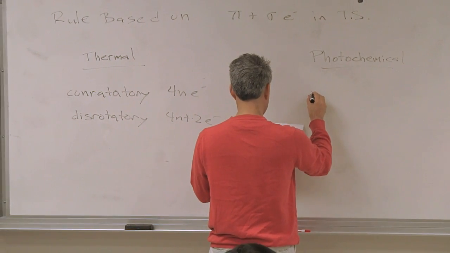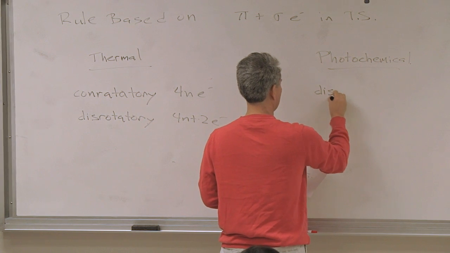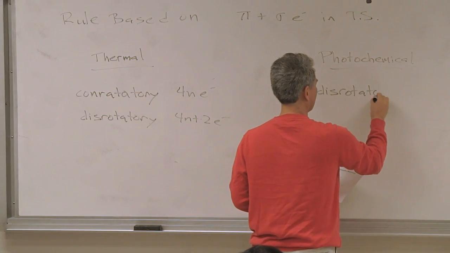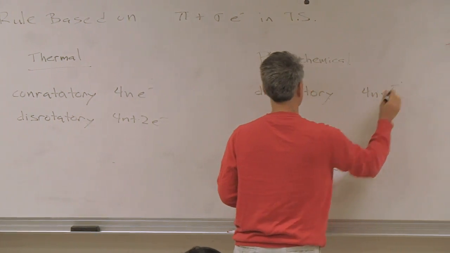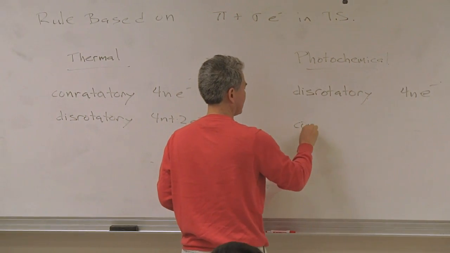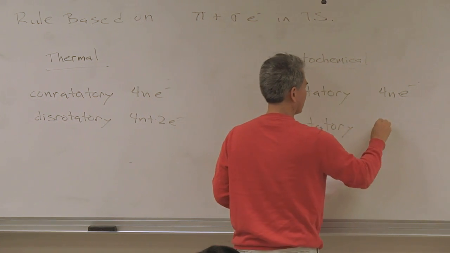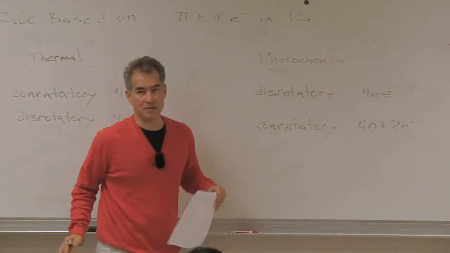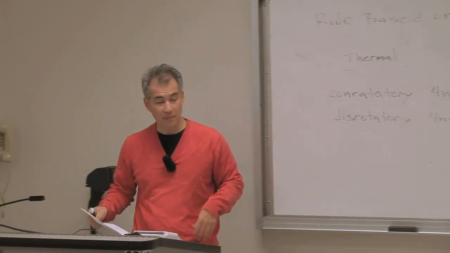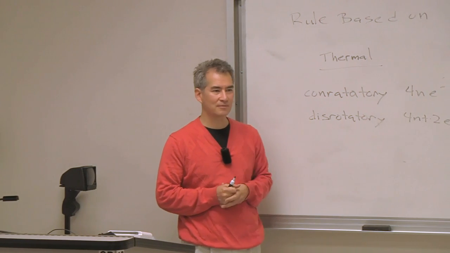So now, under photochemical conditions, you find that you reverse those rules. And we don't have to draw the orbitals out. We can just memorize this very simple set of rules.